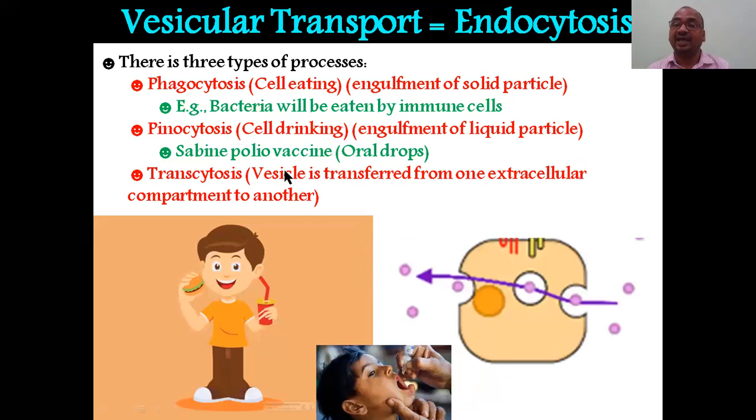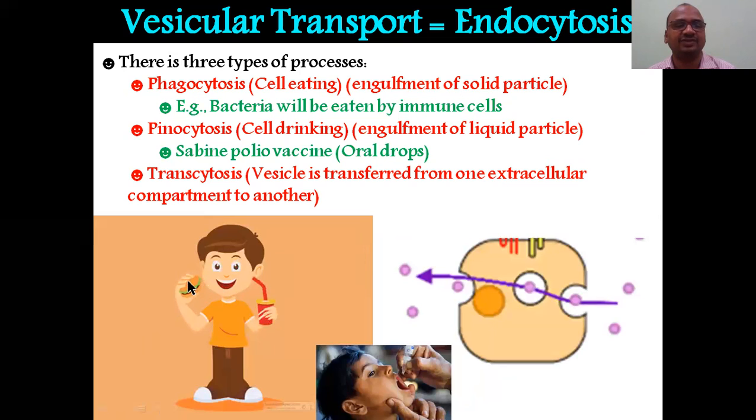Here there are two points. Phagocytosis and Pinocytosis. Phagocytosis is nothing but cell eating. Pinocytosis, like PO, just like cell drinking, liquid particles. How is it taking this liquid?